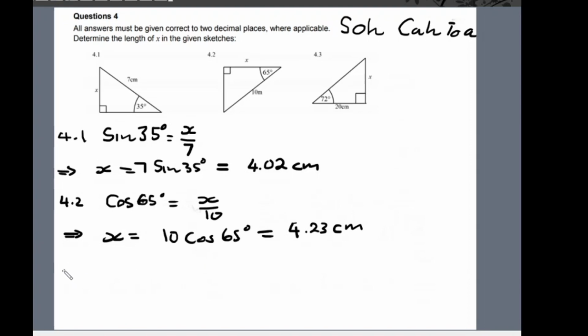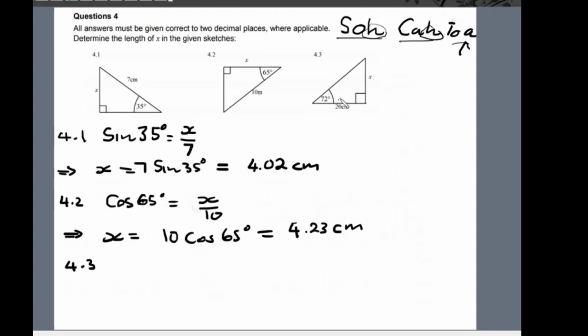And then we move on to question 4.3. So here we do not have the hypotenuse. If we do not have the hypotenuse, it means we cannot use sine, and we cannot use cos, because those have the hypotenuse. So which means we can use tan.